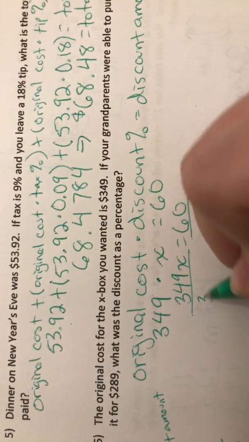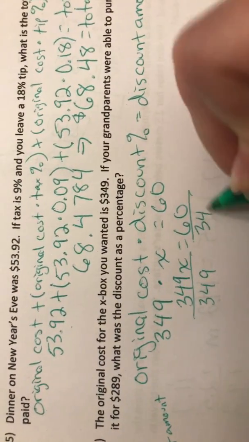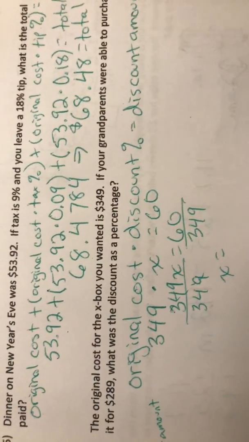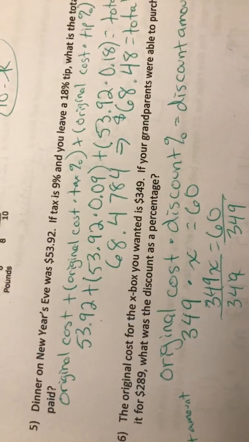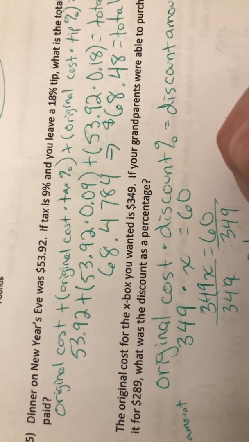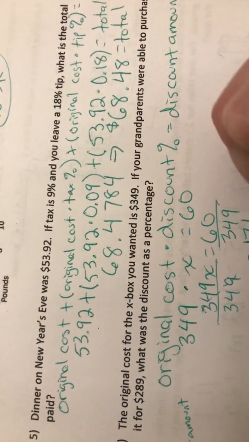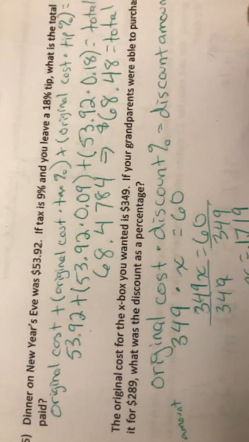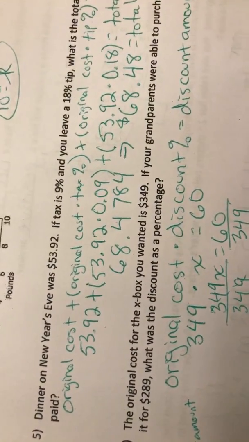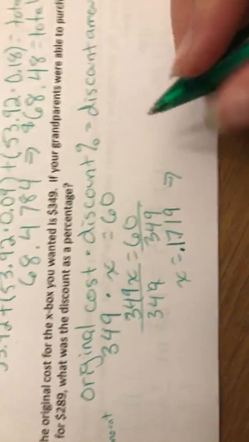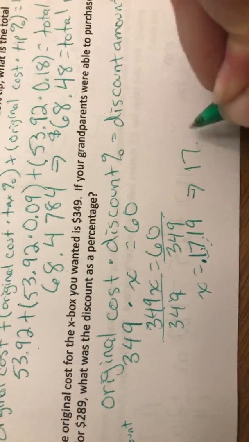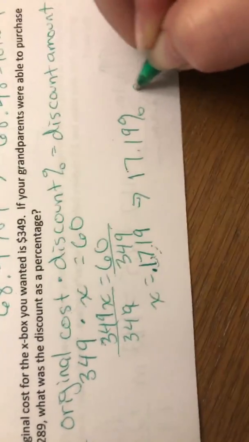I divide both sides by 349 to get x by itself. And using our calculator, we are able to calculate that x is equal to 0.1719, going out to just 4 decimal places. Converting that to a percentage, you move your decimal point 2 places to the right, which is 17.19% discount.